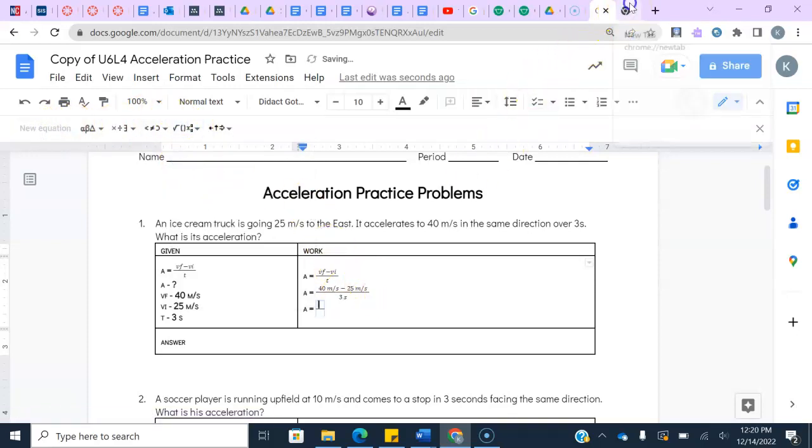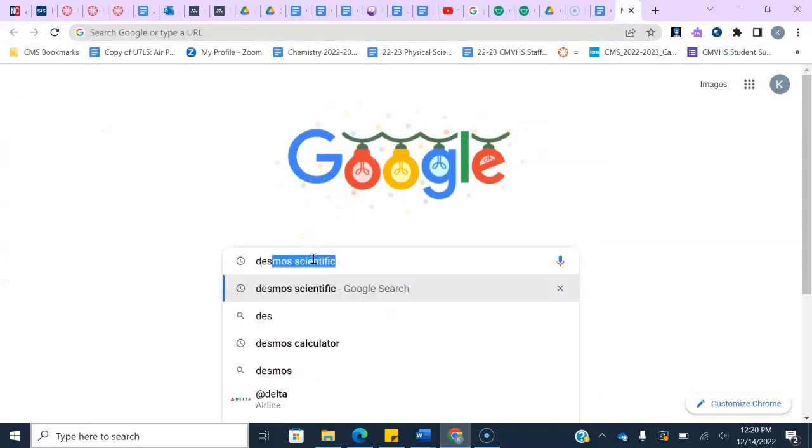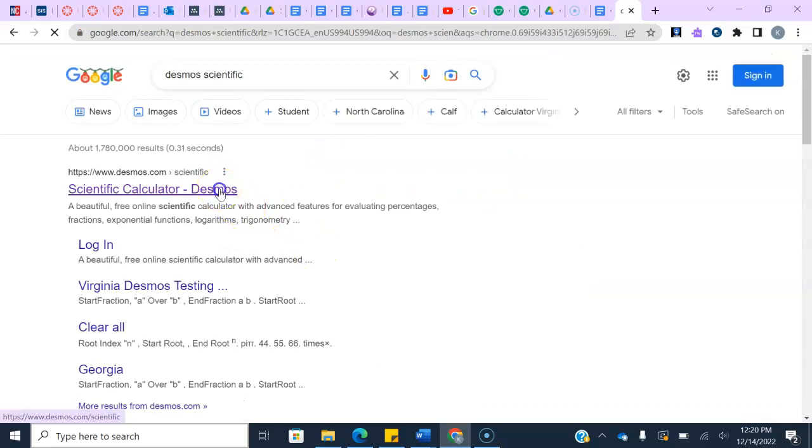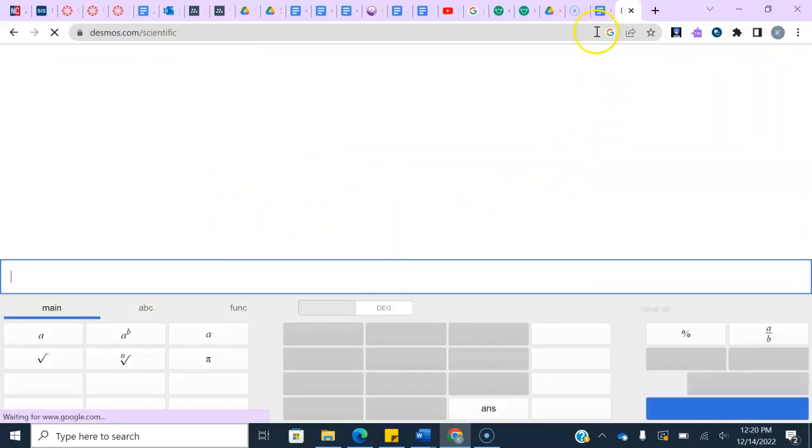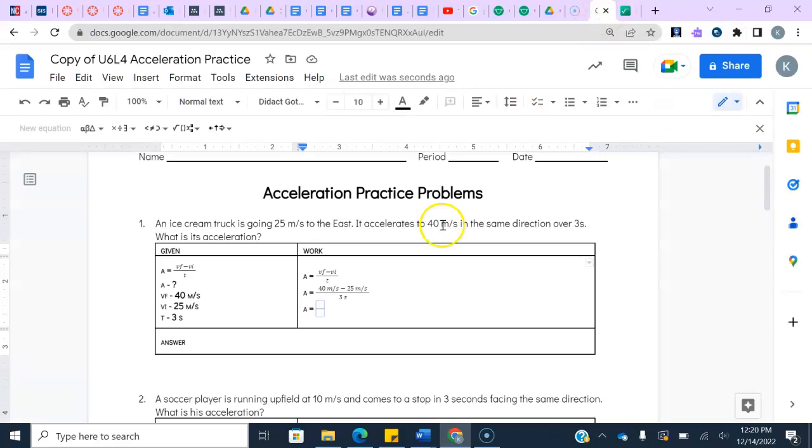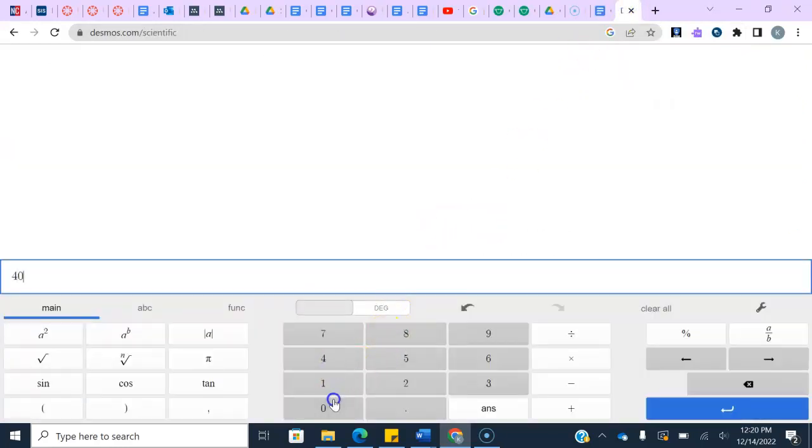Okay, so I'm going to open up a calculator. I'm going to type in Desmos Scientific. And we're going to do 40 minus 25, which will give us 15.